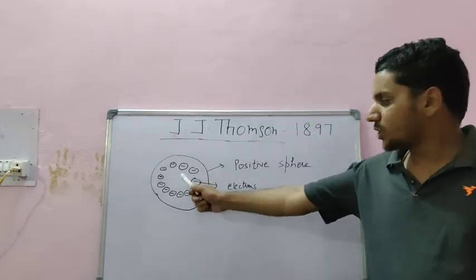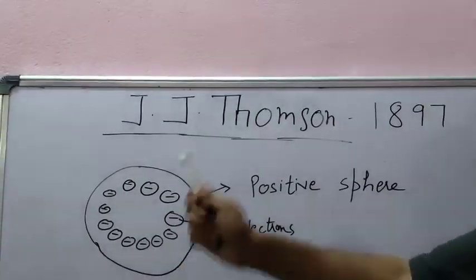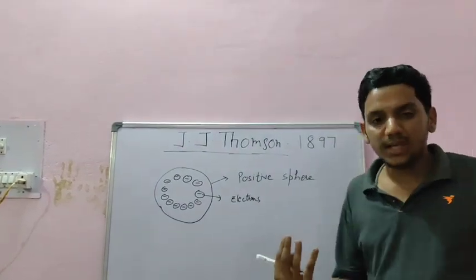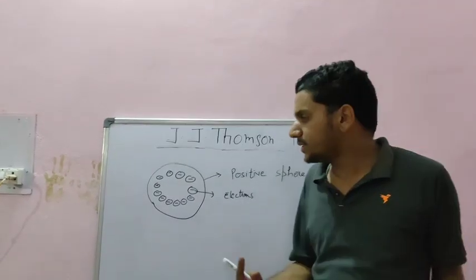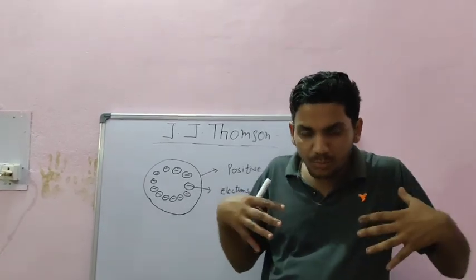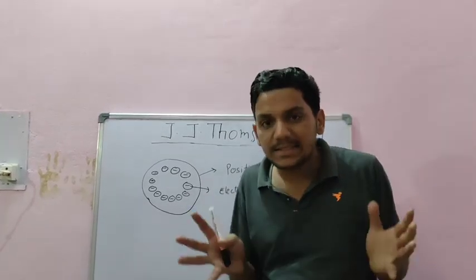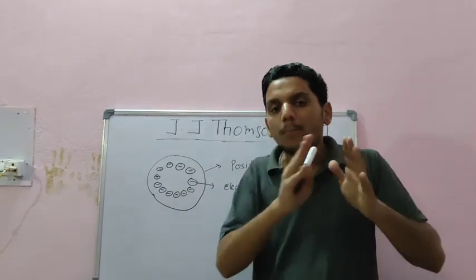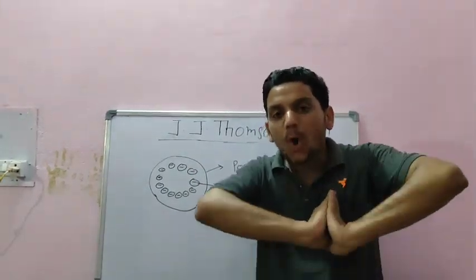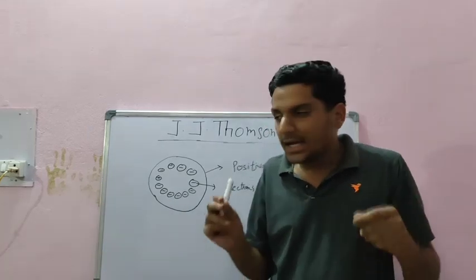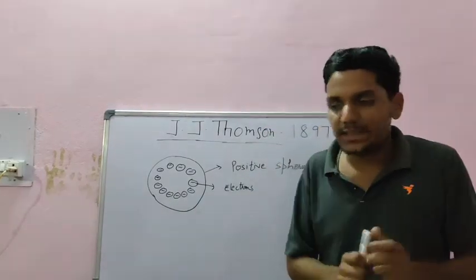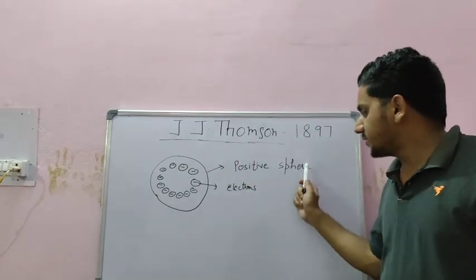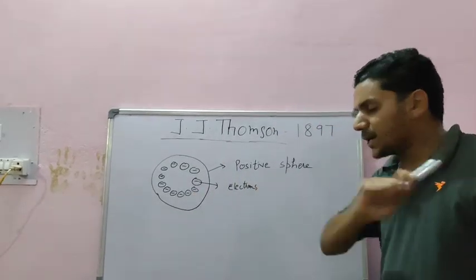So this is the structure of J.J. Thomson atomic model, in which no nucleus is considered, just the model of an atom is considered as a positively charged sphere, in which positive charge is distributed all over the sphere and electrons are inside it. Like this is a sphere which is positively charged, and these are the electrons.